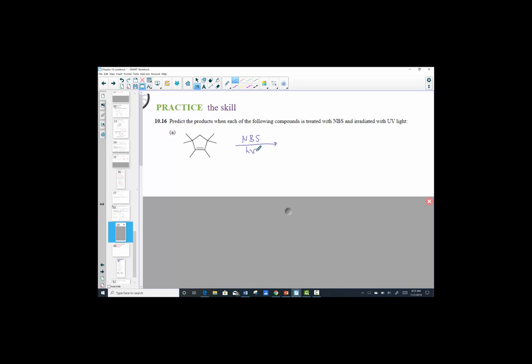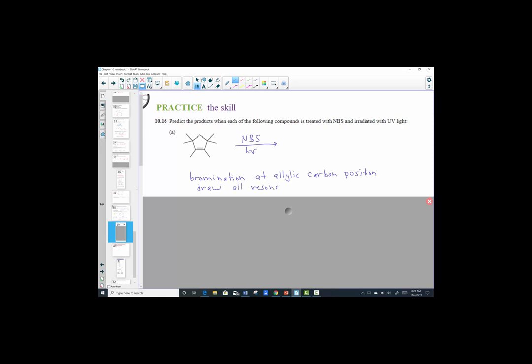And we're controlling that competing addition reaction by not using molecular bromine. So the clue is bromination at allylic position, and then keep in mind that if it's resonance structure, draw all resonance structures to determine all products.